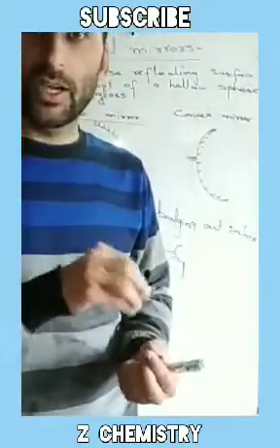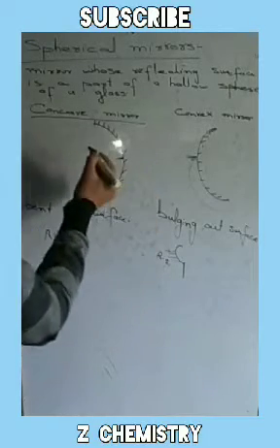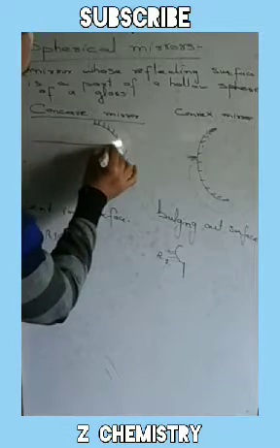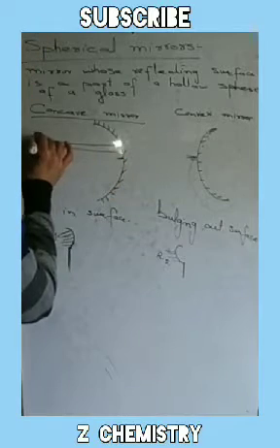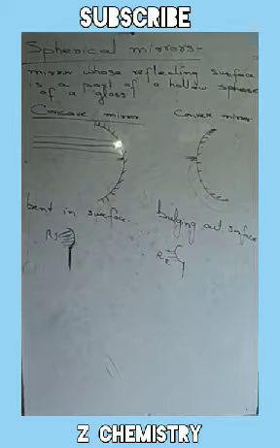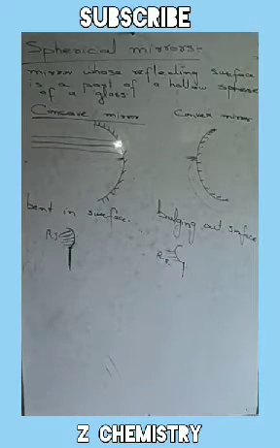Light focuses on a particular point. For example, these are the rays which get incident on different points.